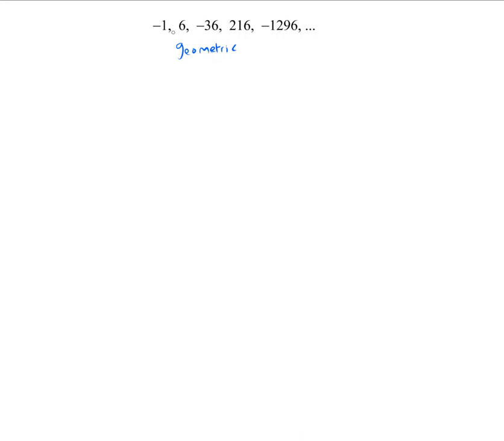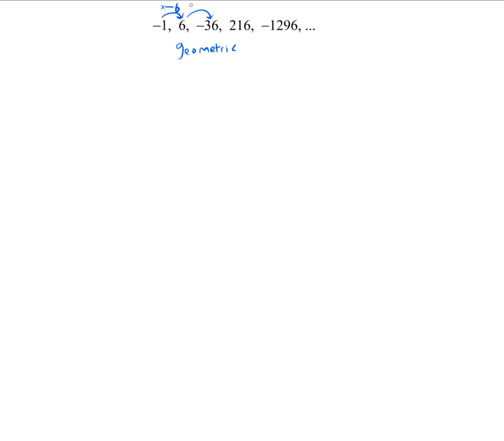So what I'm going to do is look at my pattern. What do I multiply times -1 to get 6? It looks like I would multiply times -6. If you said 6, that's not bad, except for the fact that this is negative, so a negative times a negative has to become a positive. So I'm multiplying times a -6, right? So that looks like x minus 6, but you get the idea.